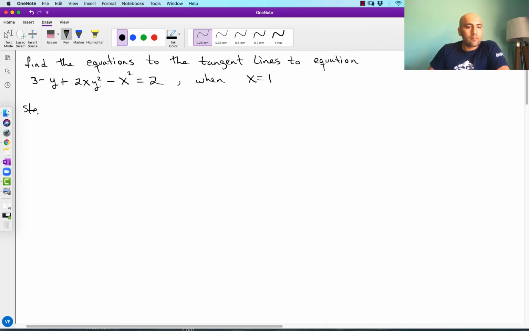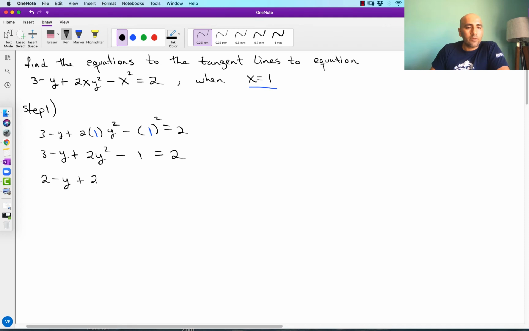So step 1, we're going to do 3 minus y plus 2 blank y squared minus blank squared equals 2, and we're going to replace all those x values with a 1, since we're told x equals 1. Okay, so let's solve for y. 3 minus y plus 2y squared minus 1 equals 2. 3 minus 1 is 2, so 2 minus y plus 2y squared equals 2.